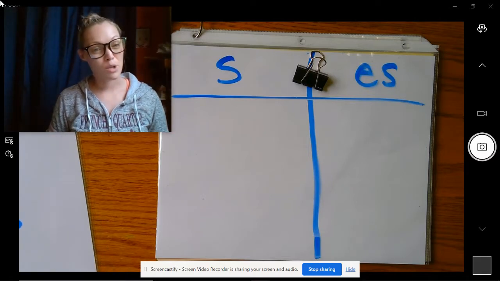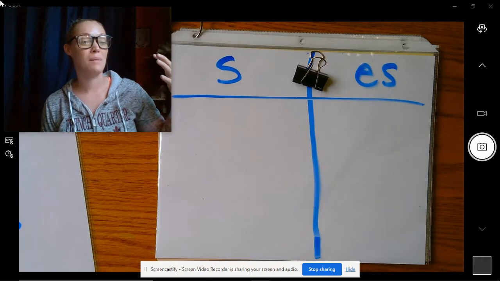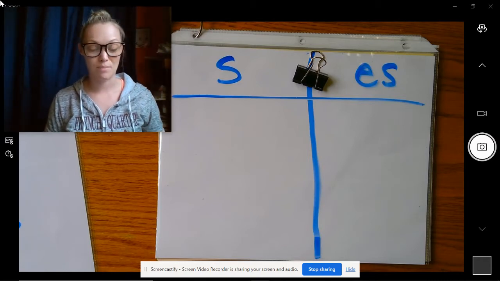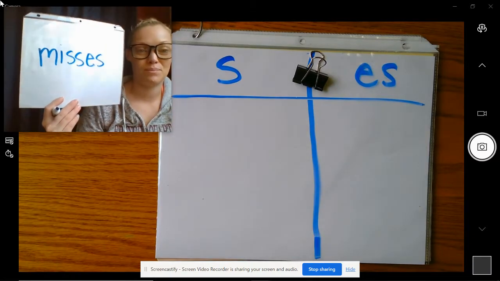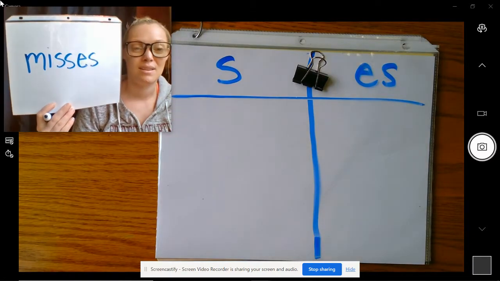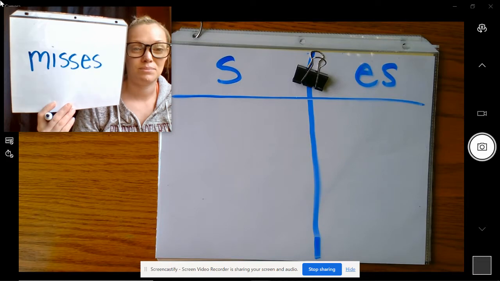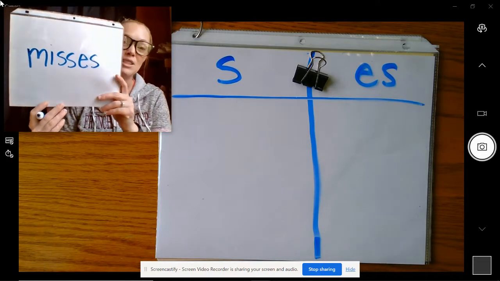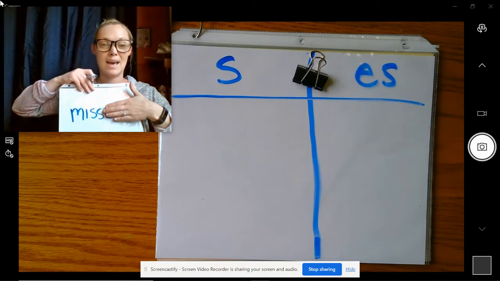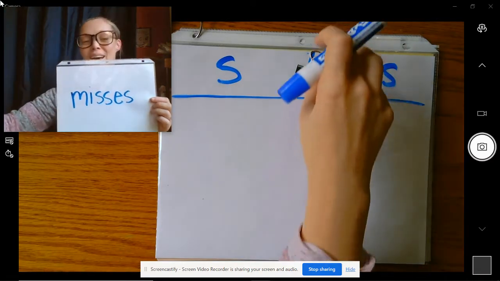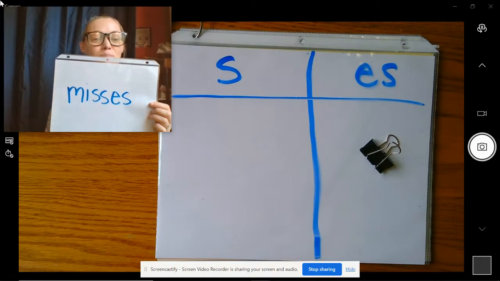But maybe he misses the train. So it's happening right then. Misses. Notice if it was just miss, it would end in an S. Therefore, we add an ES. Misses.